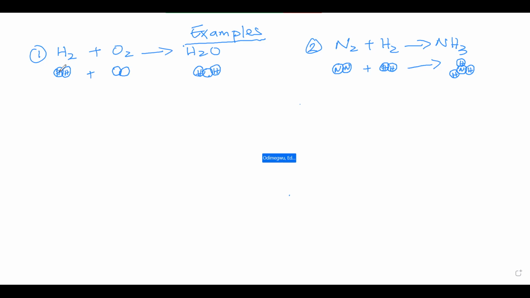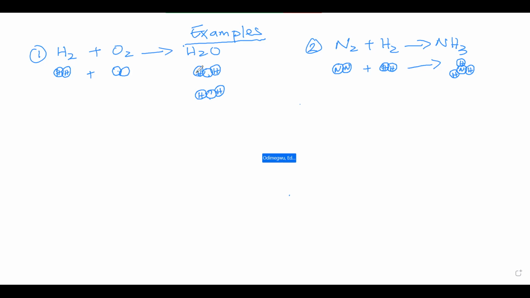Only 1 atom of oxygen, 2 atoms here. We add another set. Remember, you can only add a set. That means changing the coefficient. You cannot change the subscript. Now, there's 2 oxygen this side, there's 2 oxygen this side. You succeeded in that one.